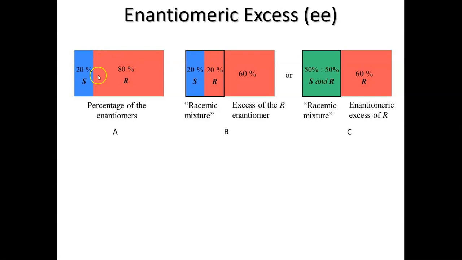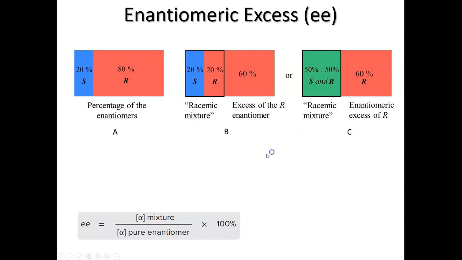So if we have 20% S, that means that 20% of the R signal is going to be canceled out. So you'll get a signal out that's overall, since these cancel out, 60% excess. And it will look like we have a 60% rotation, essentially eliminating the other 20%.